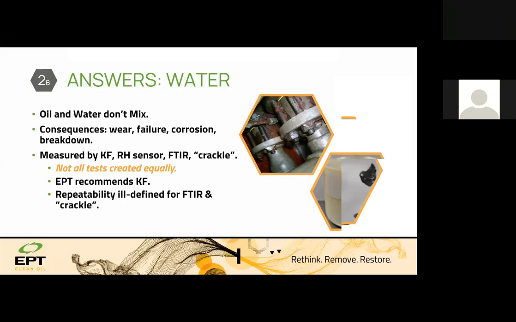Even a small amount of water in the oil can corrode the whole system which the oil is in touch with. So we don't want any water in the oil, and there are different tests for it.